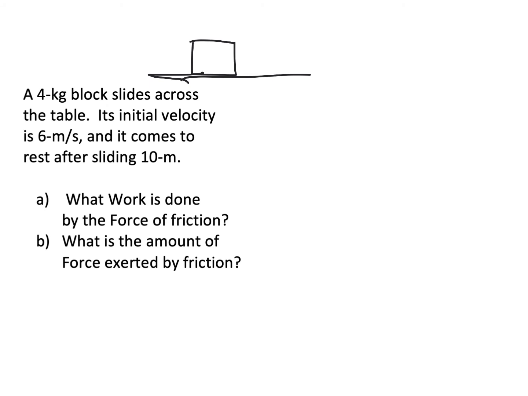So, I have this block which is moving with some velocity, and there's a force of friction which is causing it to slow down. And so we know the initial velocity is 6 meters per second, and the final velocity is 0 meters per second.